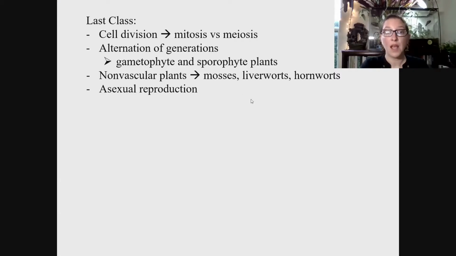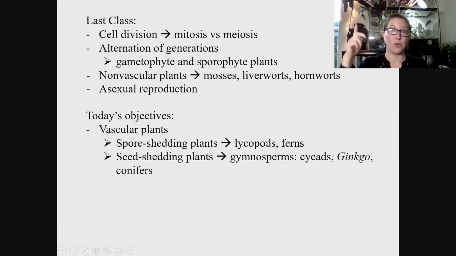All right. We talked about alternation of generations in general, and about the process in the non-vascular plants, the mosses, liverworts, and hornworts. Then we talked briefly about asexual reproduction in those plants. Today, we're going to continue this discussion of alternation of generations, but in vascular plants.